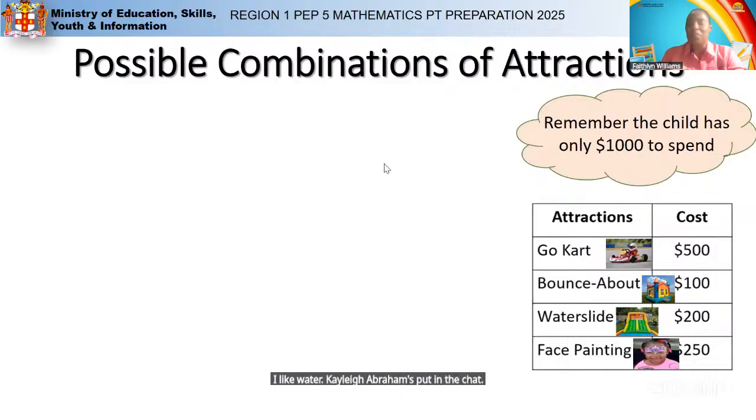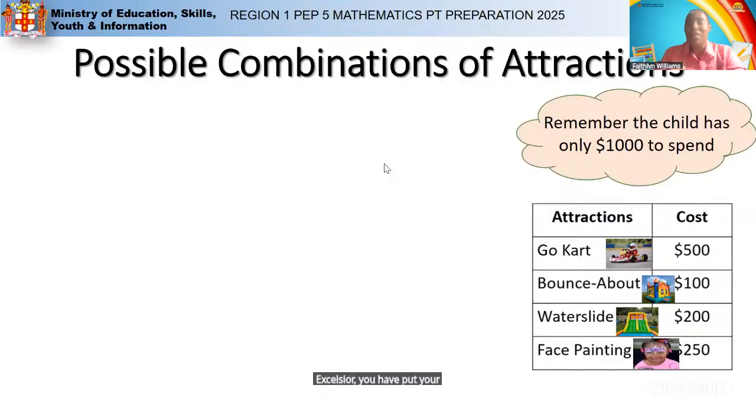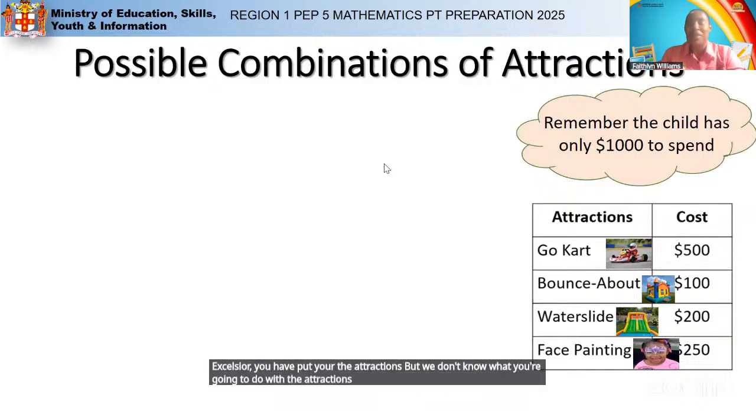She put go-kart with its cost, as well as bounce about with its cost, and water slide with its cost, but I did not see your total. So that's very important. You have put the attractions, but we don't know what you're going to do with them. Show us how you're going to know that that is sufficient to reach the expected amount, which is $1,000, or as much of it as is possible.